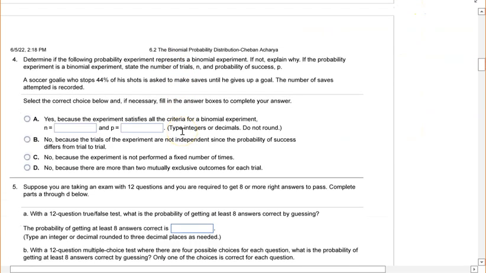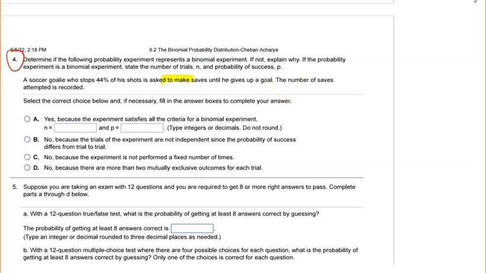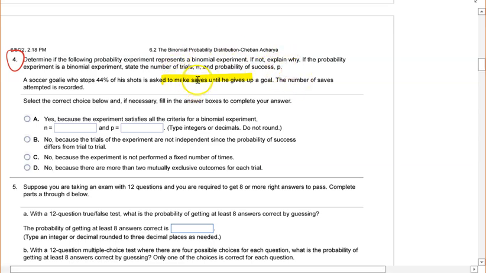Question number 4. Determine whether the following probability experiment represents a binomial experiment or not. This is similar to questions 1, 2, and 3. A soccer goalie who stops 44% of his shots is asked to make saves until he gives up a goal. Remember that this is not binomial because we don't know how many trials there are, because it says he is asked to save until he gives up a goal.